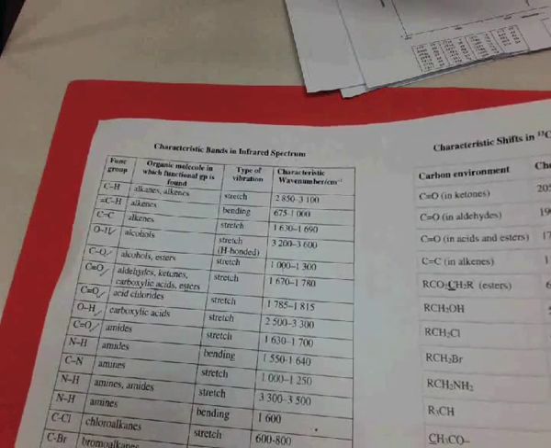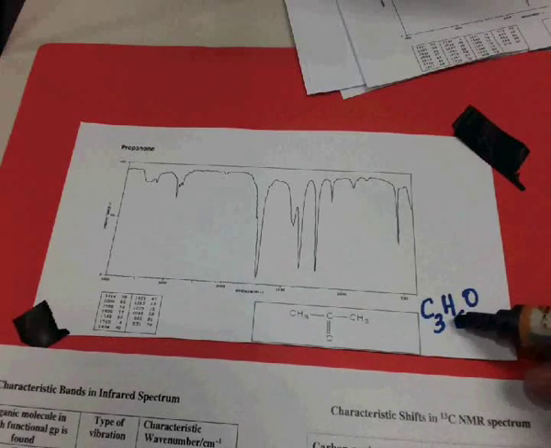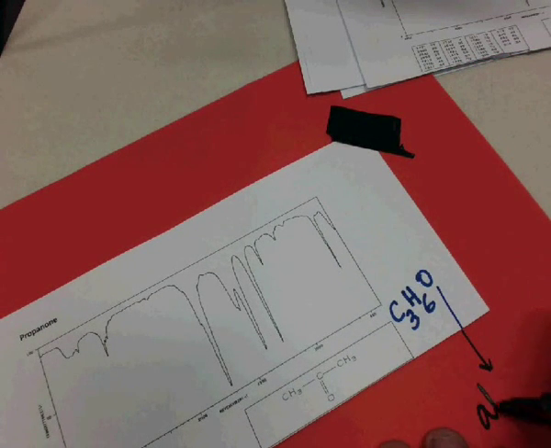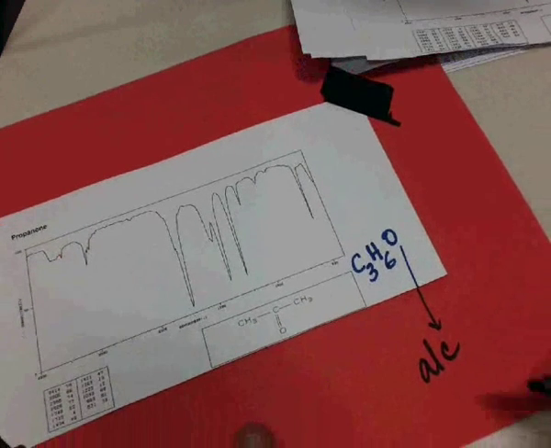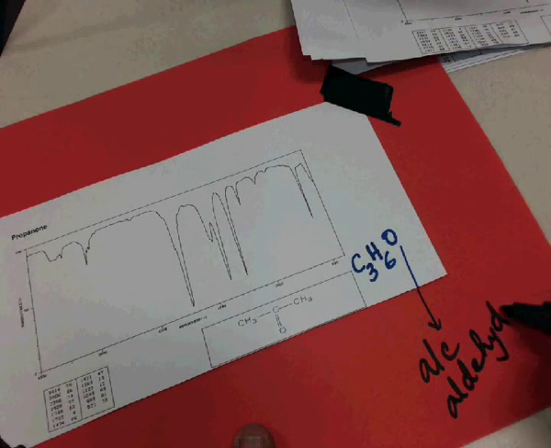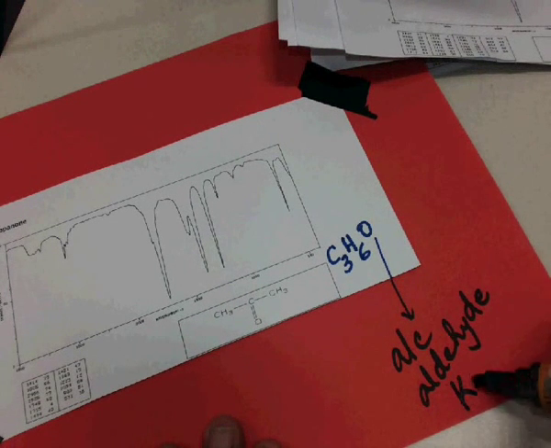So propanone, I know that because it is 3 carbons, 6 hydrogens and 1 oxygen, this could be either an alcohol, or an aldehyde, because that's the other functional group we learned that has 1 oxygen, or a ketone.